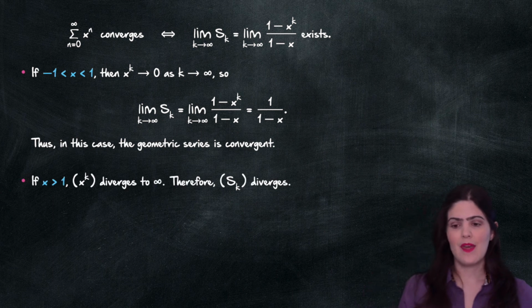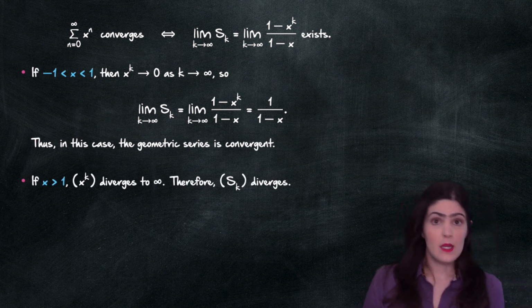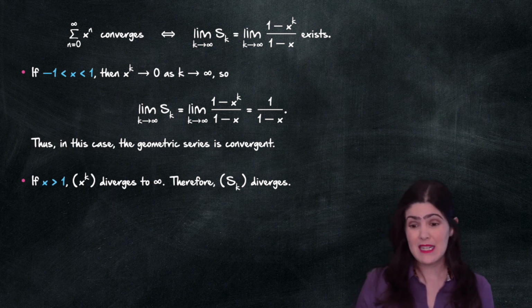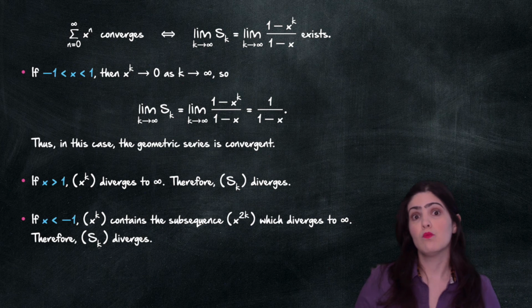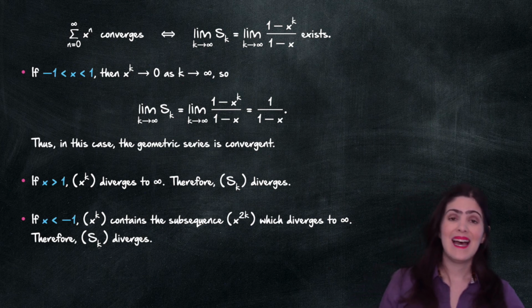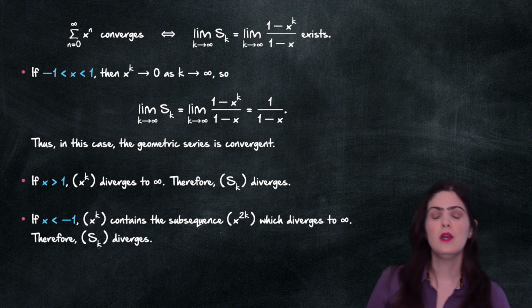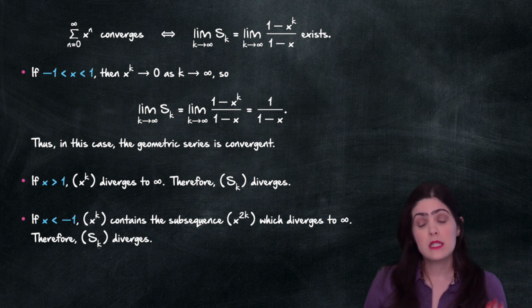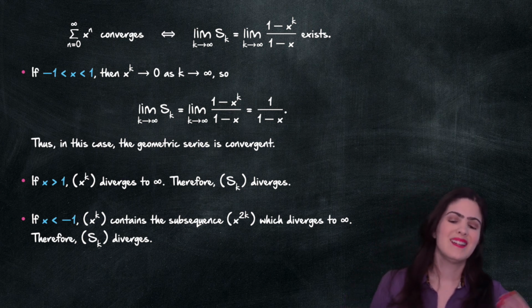If x is bigger than 1, the sequence x to the k diverges to infinity, so my sequence of partial sums diverges, so my whole series diverges. And if x is less than -1, we're going to have a subsequence that diverges to infinity, so my whole sum diverges.